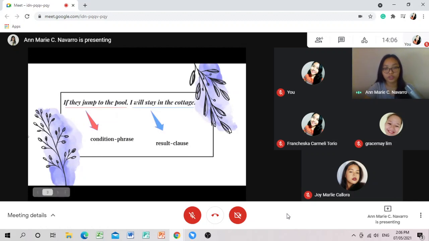So, the result clause is I will stay in the cottage. So remember that there are two main parts of a sentence in the first conditional structure in English. These are divided into conditional phrase and result clause.